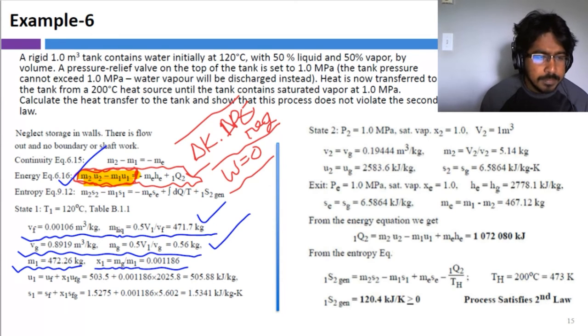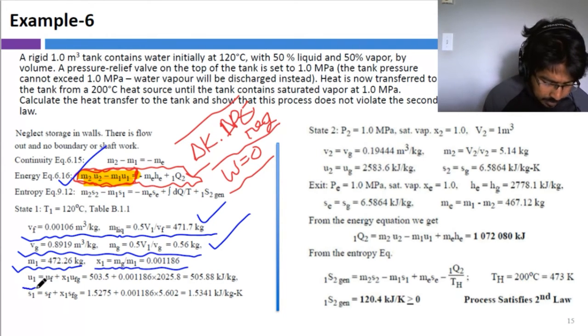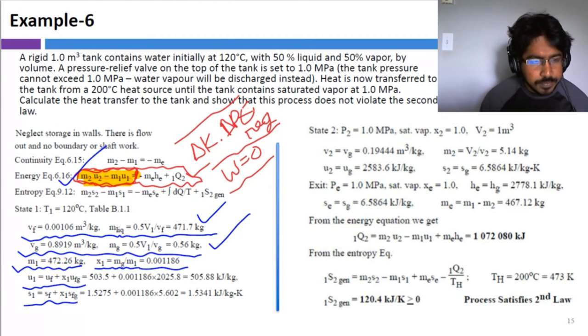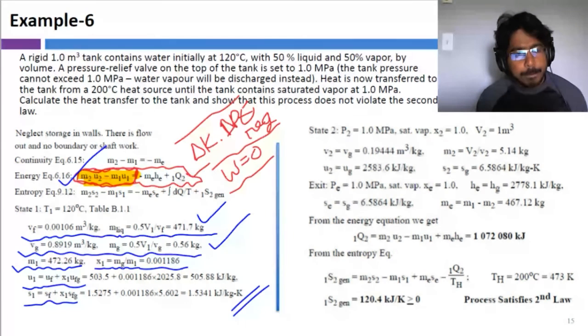Once we have the quality of a two-phase region mixture, it's a simple matter of getting Uf and Ufg, Sf and Sfg, or whatever the property values, and plugging in the quality and the property values to find the desired properties, right? So we can define state 1 like that.